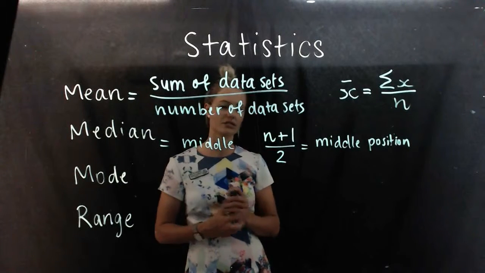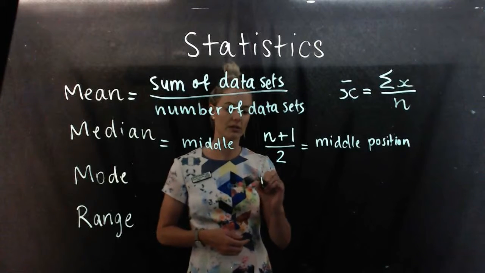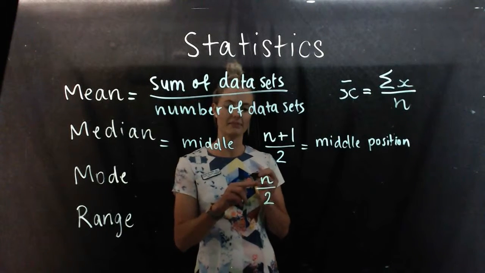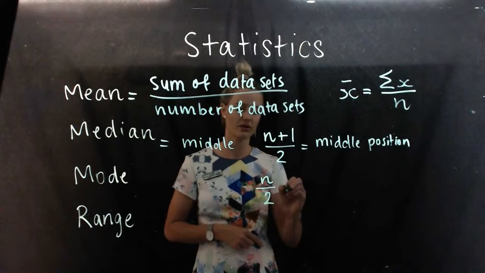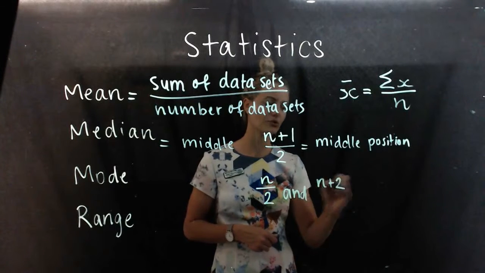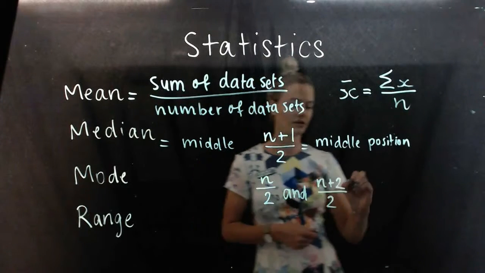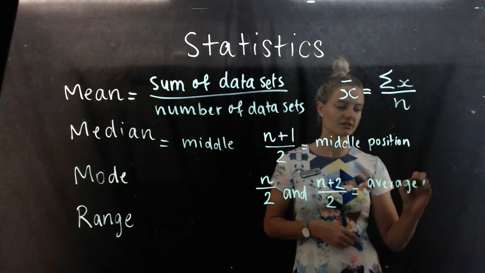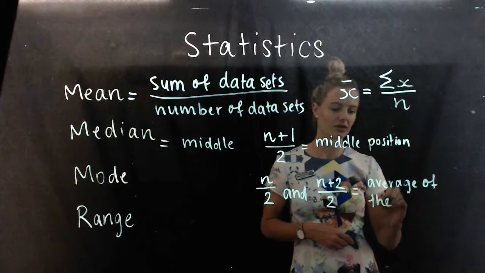To find those two positions, the first position would be n divided by 2, however many numbers are in the data set divided by 2, and the other position would be n plus 2 divided by 2. These two, you'll need to find the average of these two positions. That will get you the median.